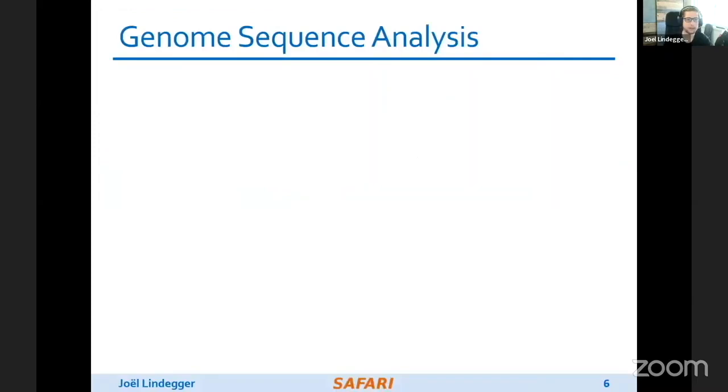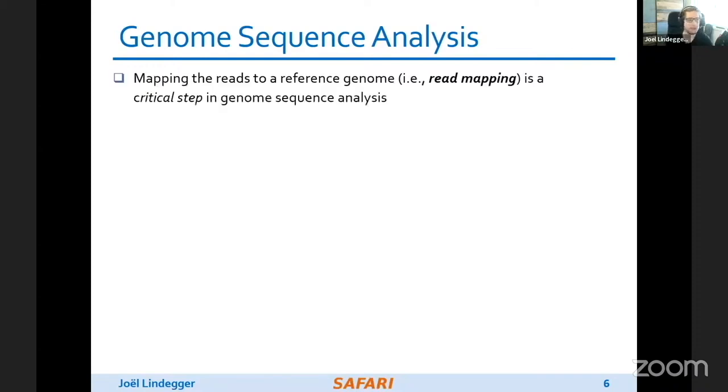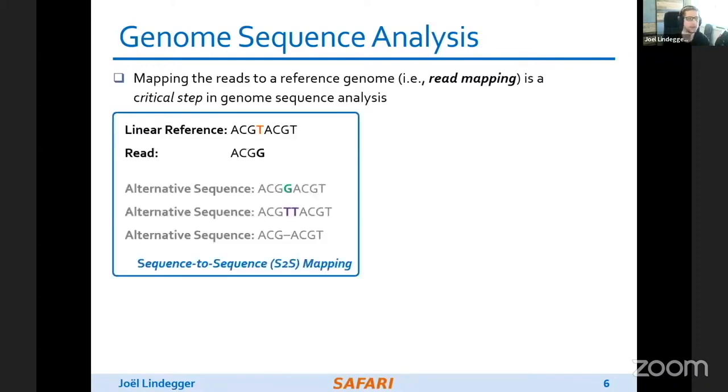Now, we could do what we've been doing, let's say for the last few lectures here, we could do a mapping to a linear reference genome. So as you see here, we have one reference sequence and one read, as we've seen it also in the prior lectures like GNASM Scrooge. The problem here is that it's really incorrect to have one reference genome. So consider your genome and my genome, they will be different in some places.